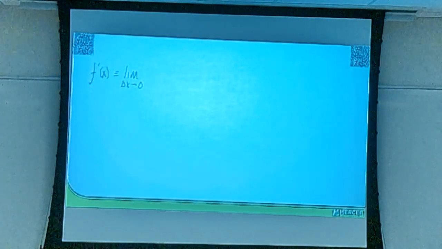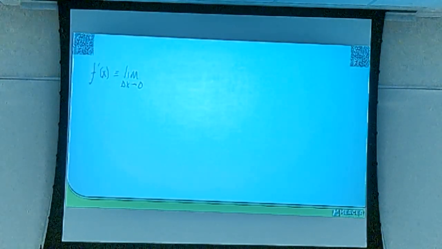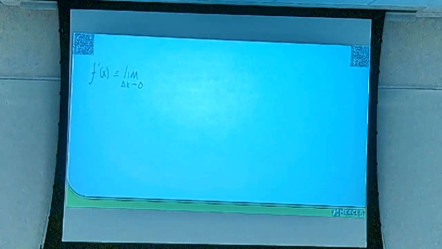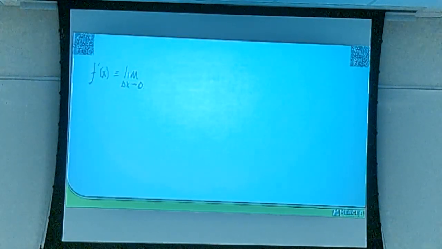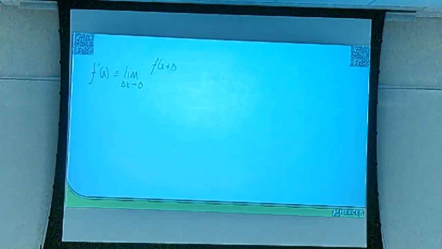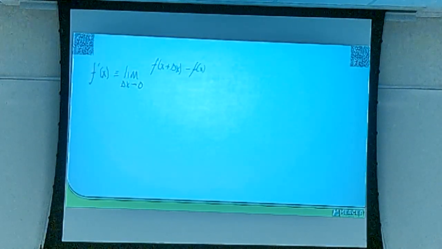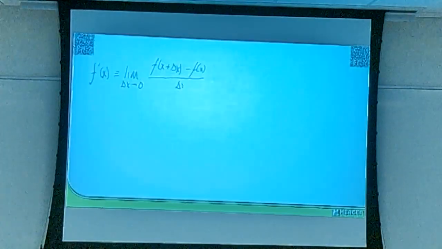I'm going to use delta x instead of h, but you can use whatever. f of x plus delta x minus f of x, all over delta x. That limit.